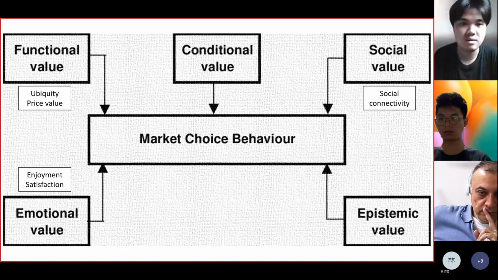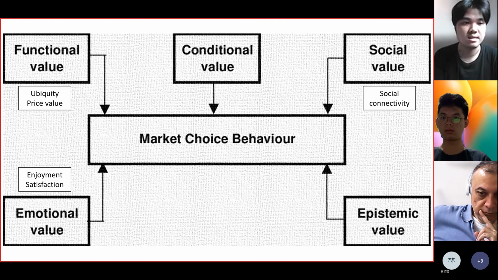The functional value is the personal utility acquired from an alternative's capacity for functional, utilitarian or physical performance. In this case, we will use ubiquity and price value as the variable measurements. The second one is social value, defined as the perceived utility acquired from an alternative's association with one or more social groups.